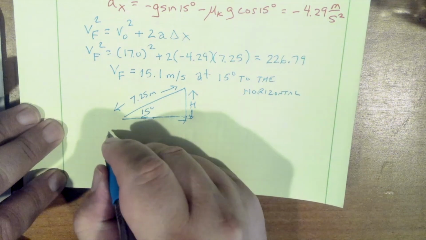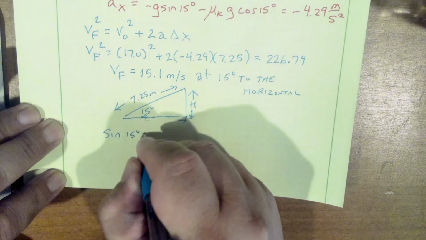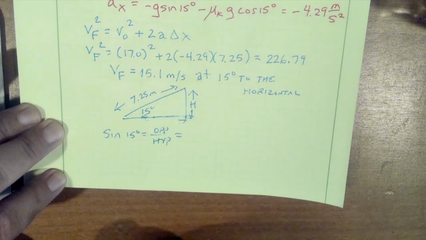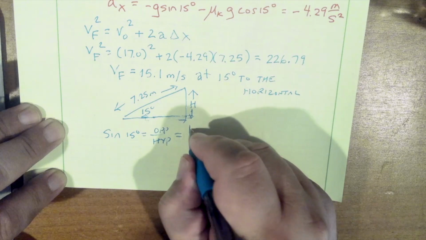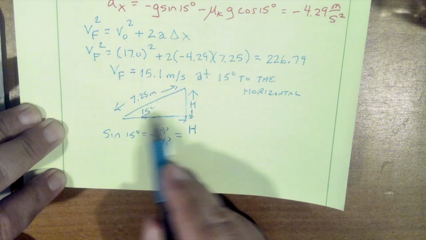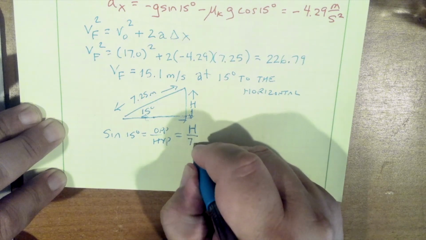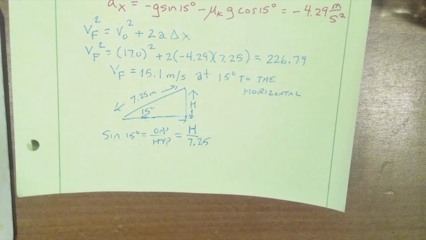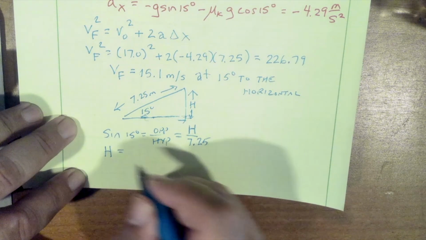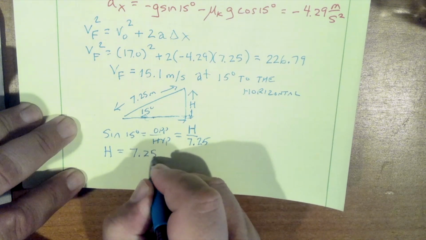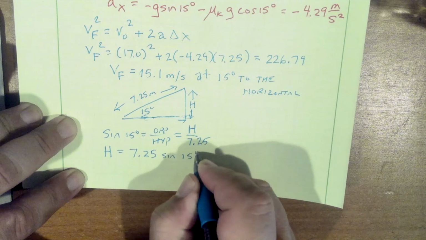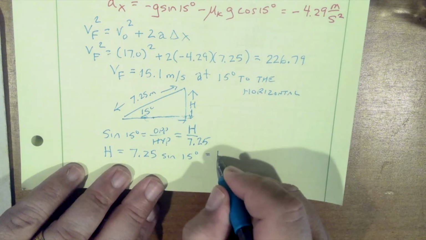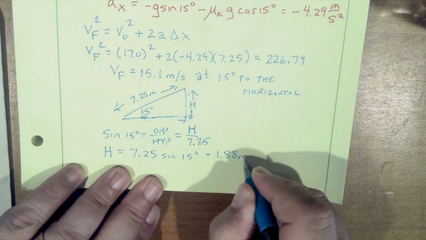Well, we go to the sine function. The sine of 15 degrees is opposite over hypotenuse, right? And that's going to be h is opposite the 15-degree angle, and the hypotenuse is 7.25. Solving the equation for h, we get that the height is 7.25 times the sine of 15 degrees, and that works out to be 1.88 meters.